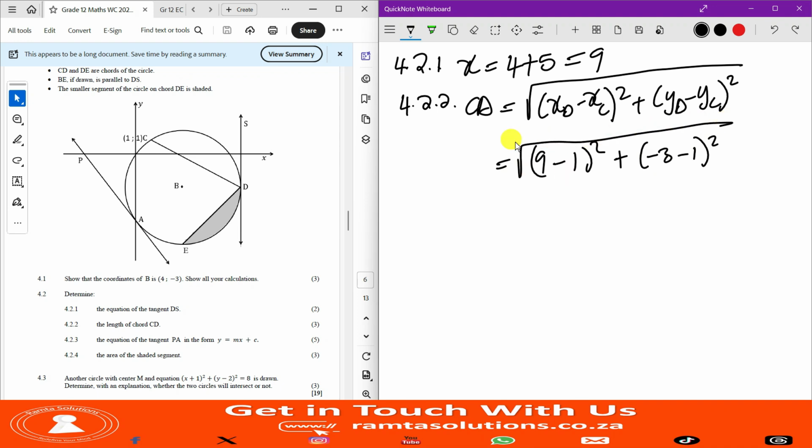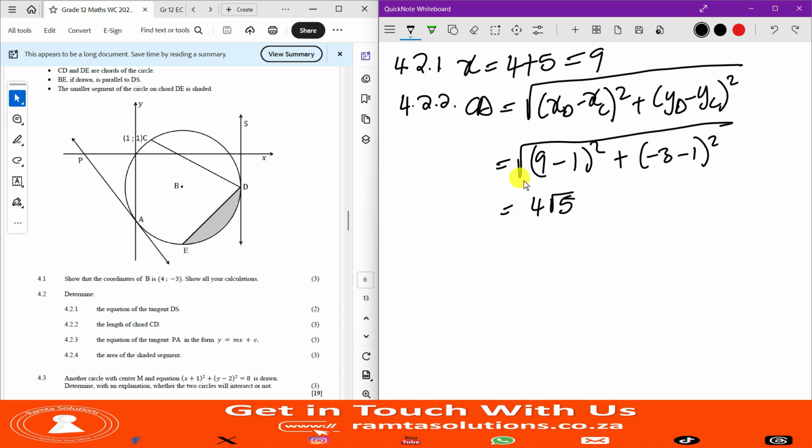So this is 8 squared, 64, plus 4 squared, 16, which is 80, so this is 4 root 5.